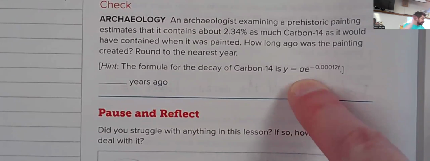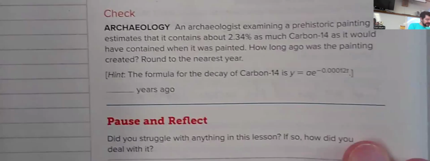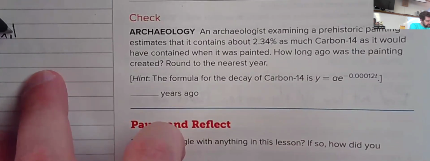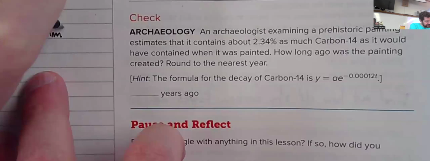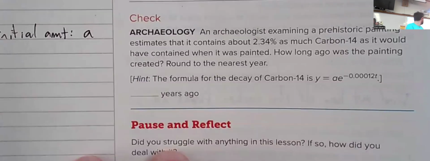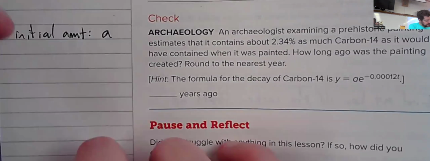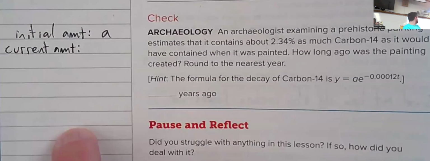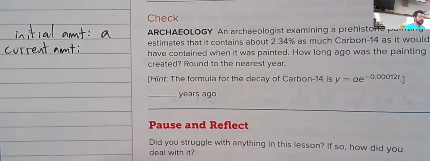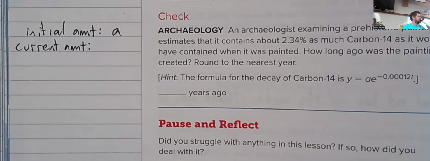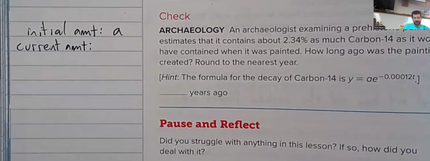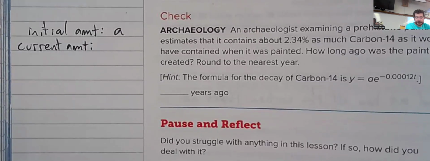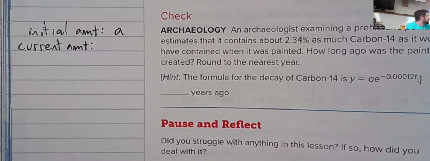And remember, we already have the formula. That's great. So let's just go ahead and say the initial amount is A. And the current amount is what? What's the current amount?